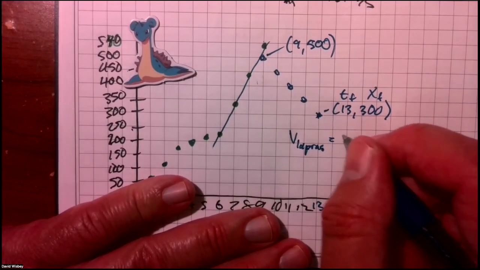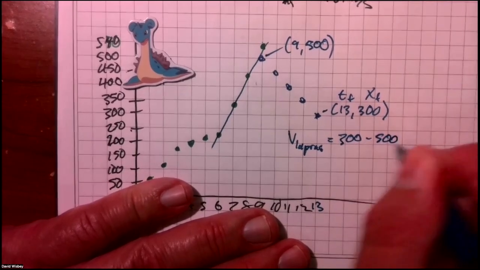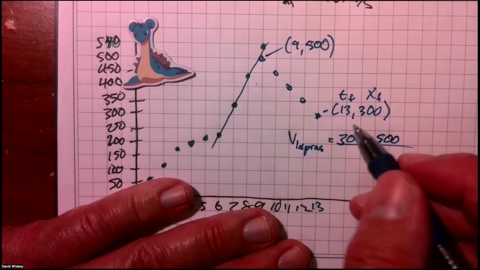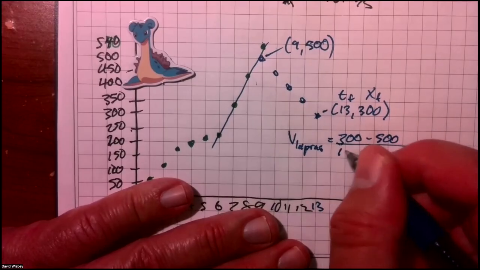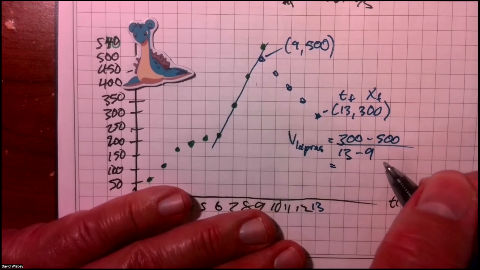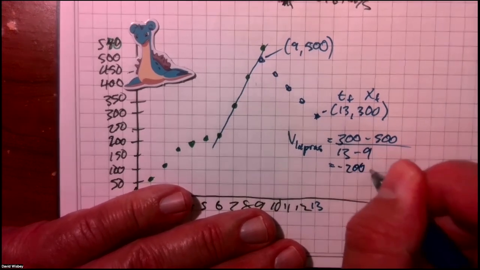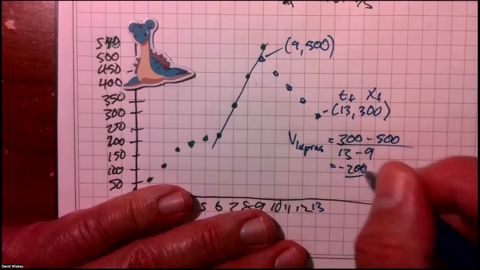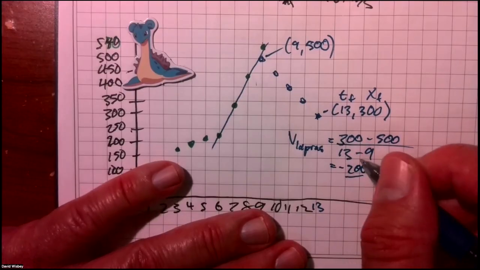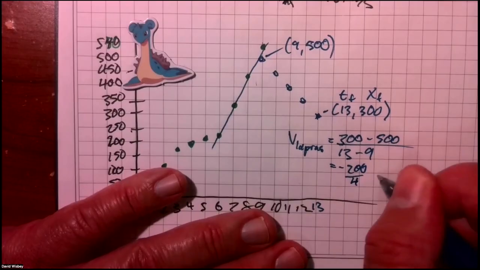His final position is 300 minus his initial position, and it takes him how many seconds? 13 minus 9. Wow, the Lapras is cruising. So we get minus 200, and then 13 minus 9 is 4.